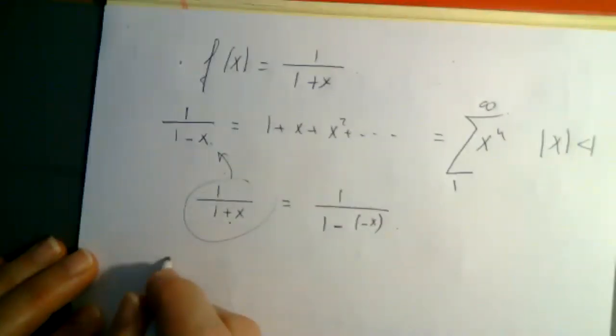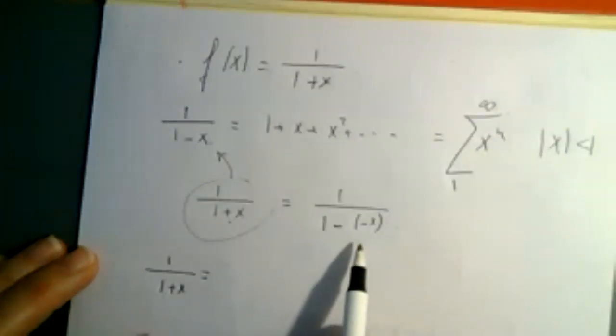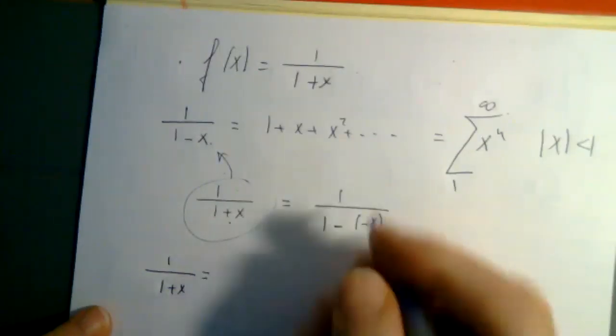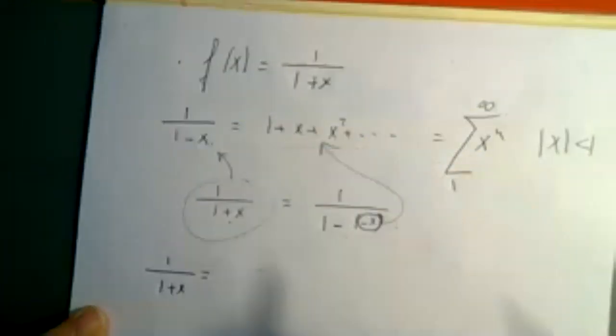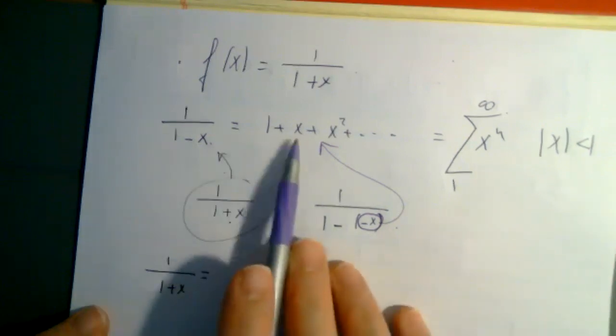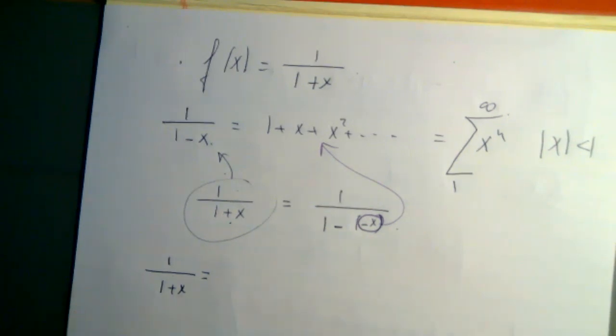So now 1 over 1 plus x is equal to, I'm going to substitute minus x for x in here. So everywhere there is an x, I'm going to substitute minus x for it. That's how I'm going to get the power series of this function.